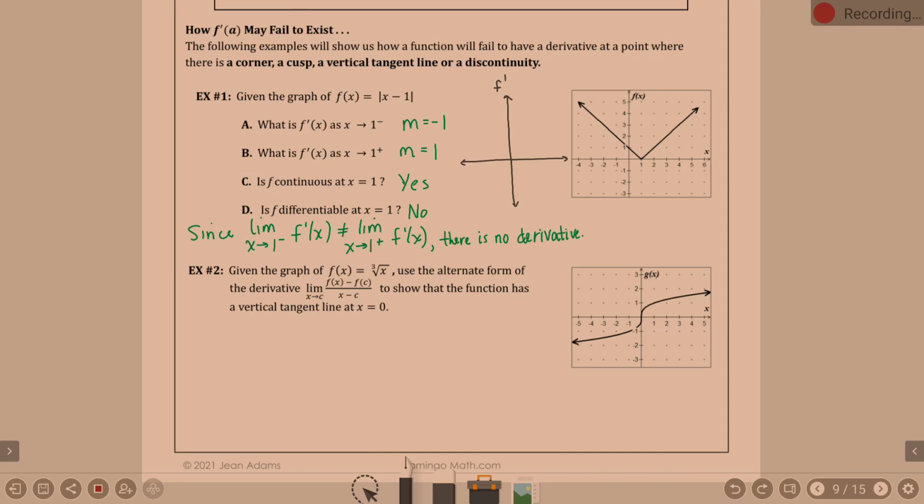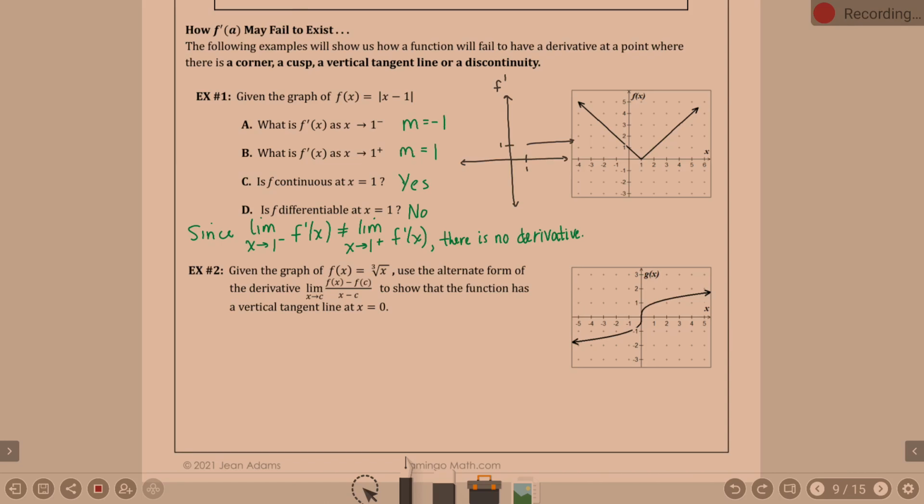Okay? The point of interest there is my slope changes at 1, yes? To the right of 1, what is my slope, did we say? It's positive 1. So what that means is to the right of 1, my slope is always 1.